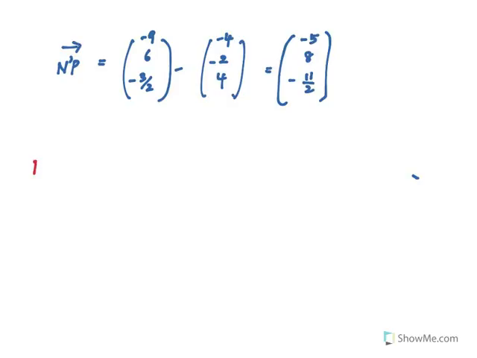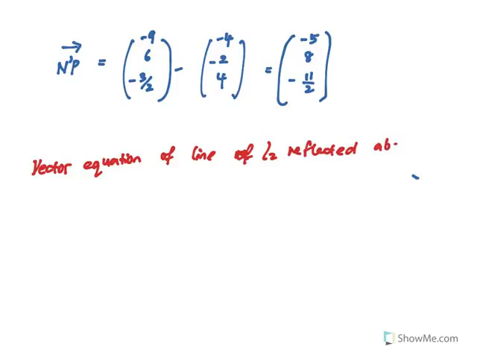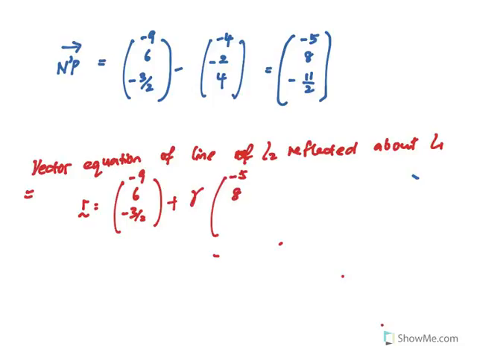So this mirror line, the vector equation of the line of L2 reflected about L1, is R equals, just take any point, (-9, 6, -3/2), plus a scalar multiple, which I just call gamma, of the direction vector, where gamma is a real number.